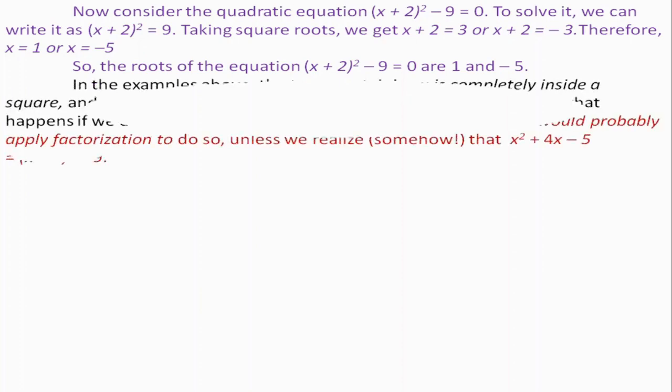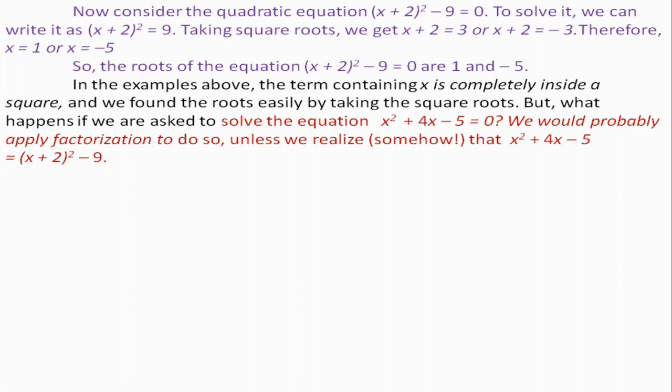Let us take another example. We have to solve the equation x square plus 4x minus 5. We would probably apply factorization to do so, unless we realize somehow we can change this x square plus 4x minus 5 into x plus 2 whole square minus 9.